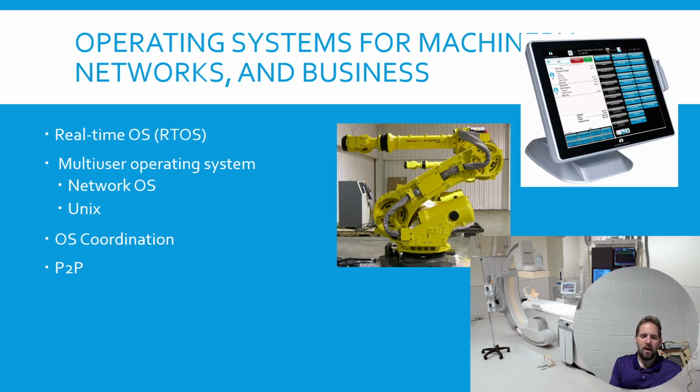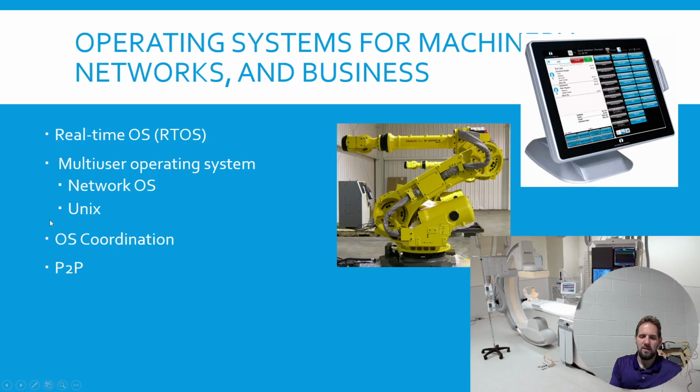All right. As for OS coordination, again, that's just making sure everything's working when it's supposed to be working. And we also have peer-to-peer, which is P2P, where each computer is considered an equal. So we have the network stuff, server and client, and we have peer-to-peer where everyone's just the same thing. We're going to share resources using features built into the OS.